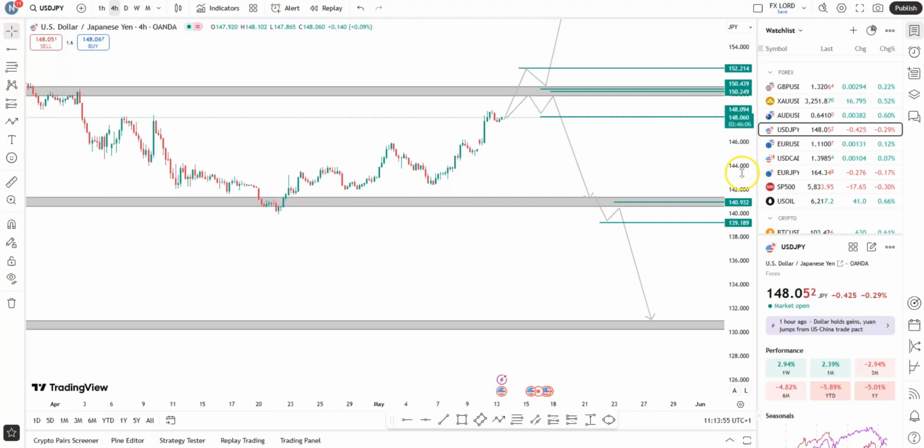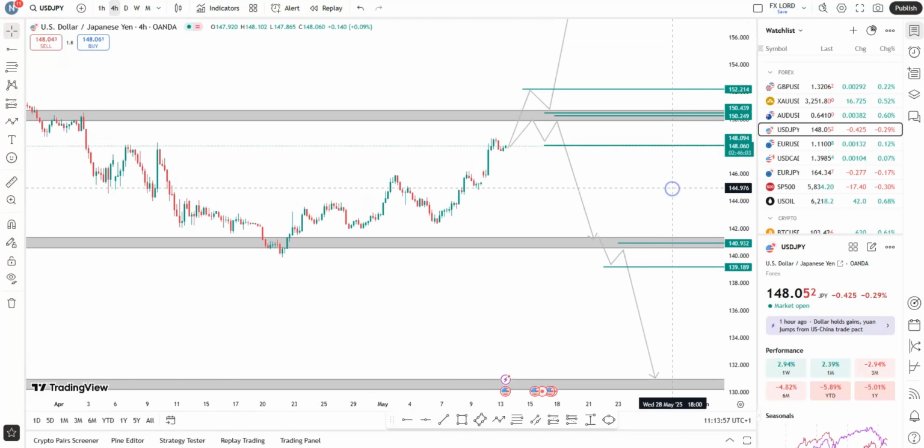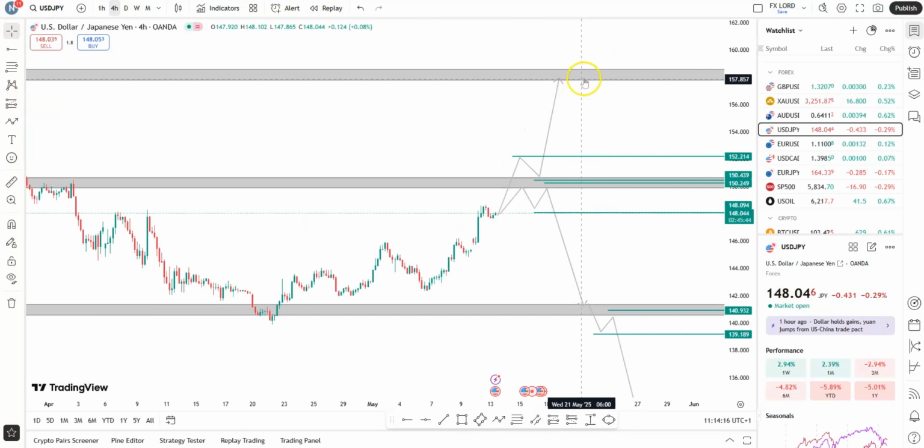So this is how to look out for support and resistance levels, and how to draw and how to spot them. So what are we expecting? We are expecting price now to come into this level. We wait to see the reaction if it's going to break out to the upside. If it breaks out to the upside and retests, then we know we are continuing to the next resistance level.